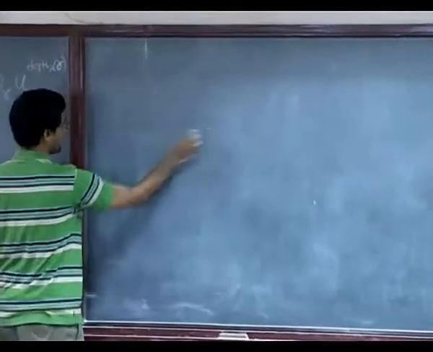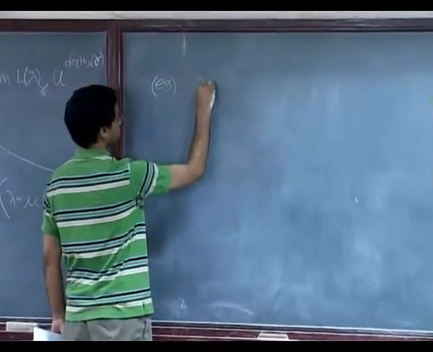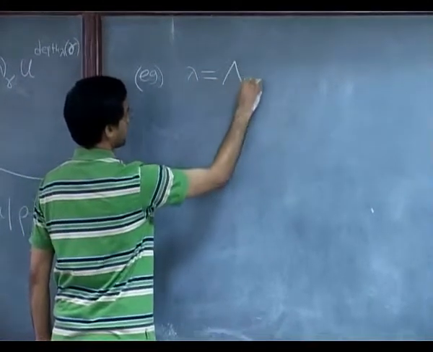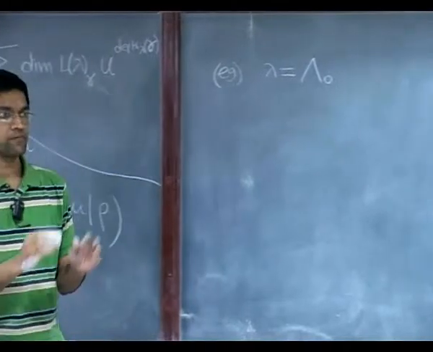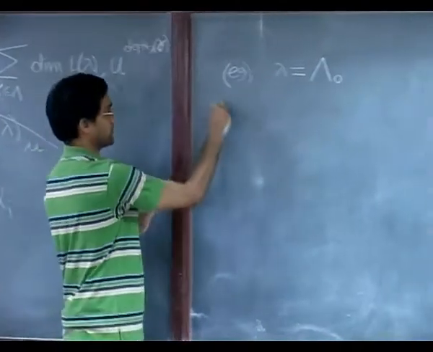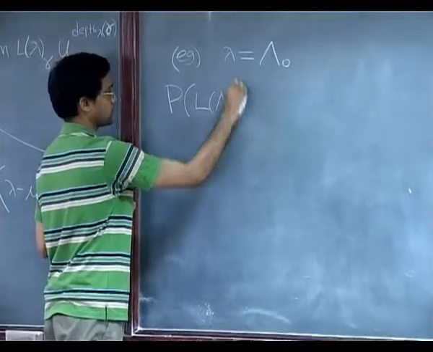So here's the most standard example. You would start with the highest weight representation with highest weight lambda naught, and you try to figure out what are all the weights that can appear in that representation.